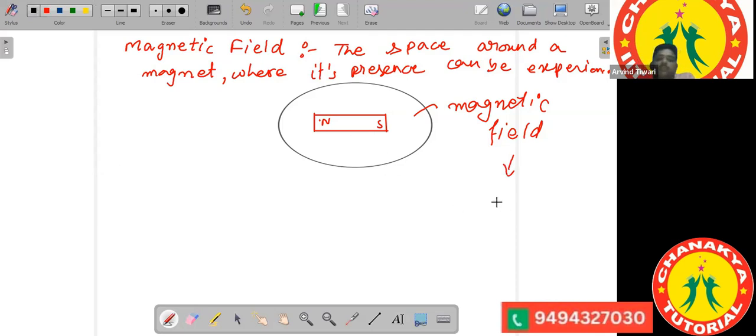This is not a scalar quantity. It has its magnitude as well as direction. Magnetic field has magnitude as well as direction, hence it is a vector quantity.